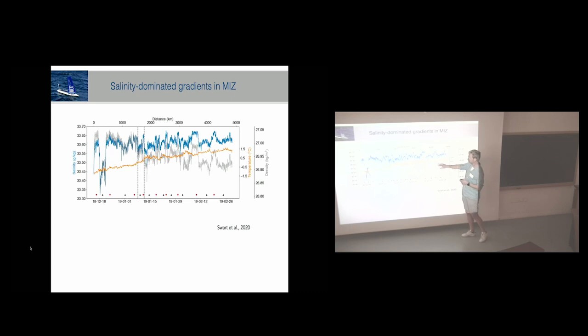I think it's gray. The contribution of the small temperature changes to density is very small in the polar oceans. But there are a lot of wiggles in salinity here. Something is going on. The horizontal gradients that we're experiencing from such a simple measurement are very energetic. And this is thousands of kilometers, right?